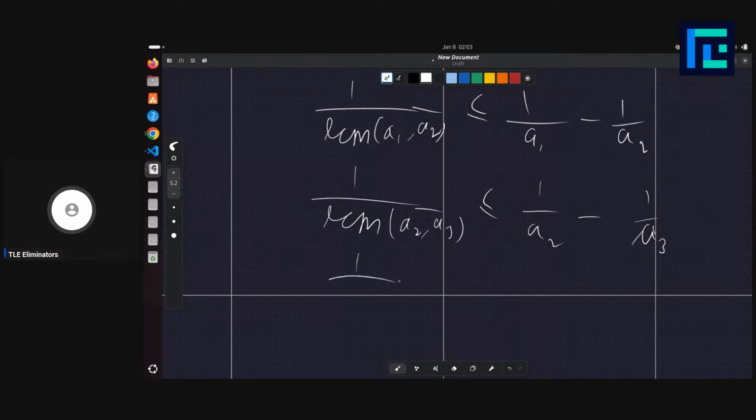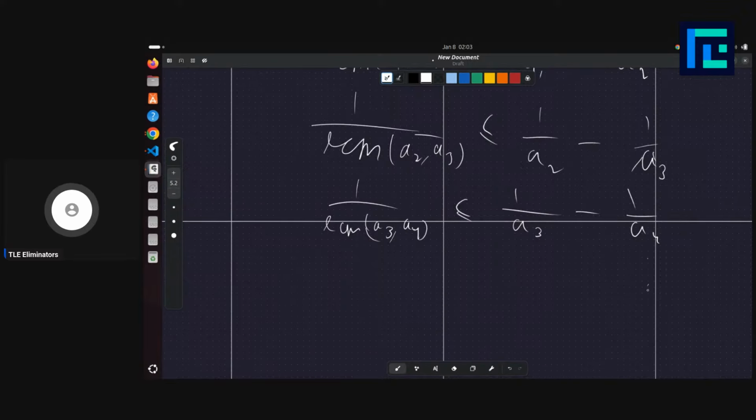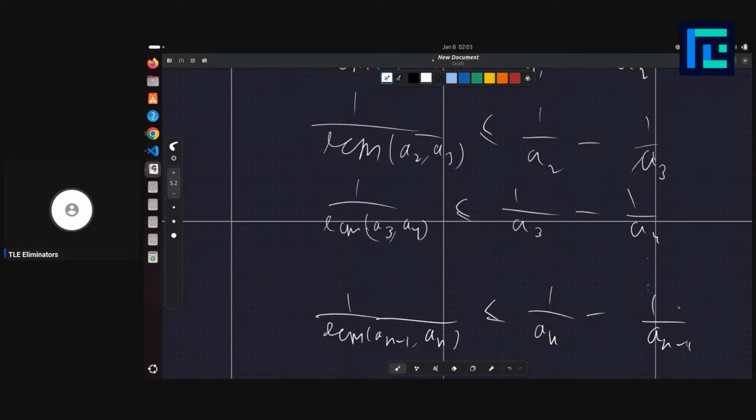Then 1 upon LCM of a3 comma a4 is less than or equal to 1 upon a3 minus 1 upon a4, and so on until 1 upon LCM of an minus 1 comma an is less than or equal to 1 upon an minus 1 minus 1 upon an.